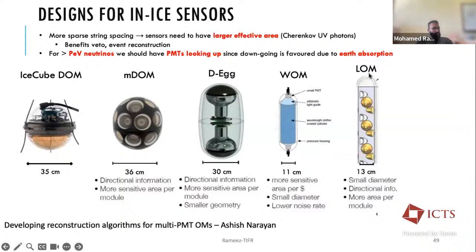The reason is that if you use optical modules like this, then the hole you need to make in the ice is much narrower. Here you can see it's a 35 centimeter diameter, 36 centimeter diameter, whereas for LOM, all you have is 13 centimeter diameter. And a narrower hole is much cheaper to drill than a wide hole in the ice.